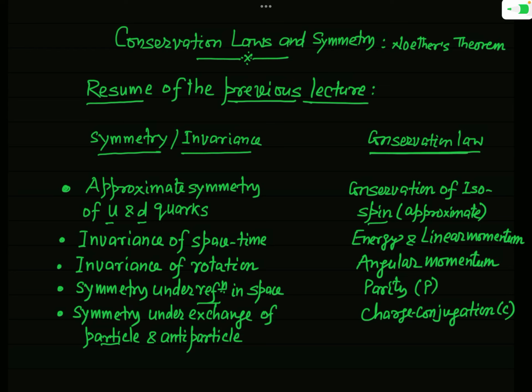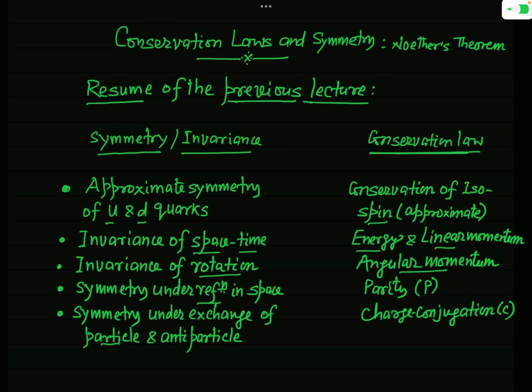The invariance of space leads to the conservation principle of linear momentum, and the invariance of time leads to the principle of conservation of energy. Similarly, the invariance of rotation leads to a conservation principle which is called conservation of angular momentum.